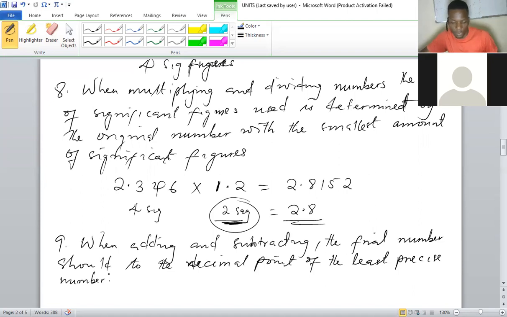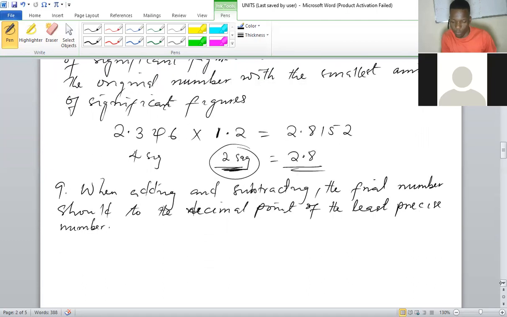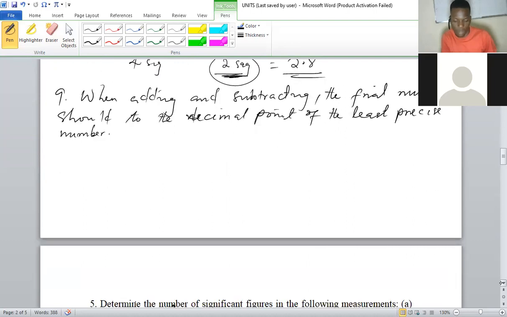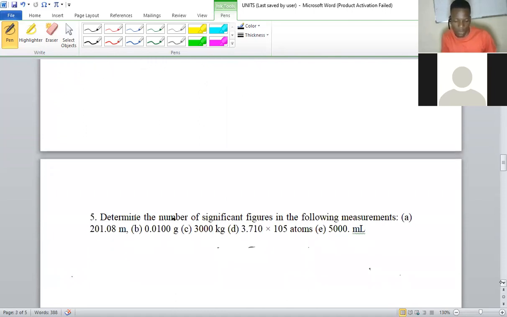Here now we look at some examples, or we solve some questions.